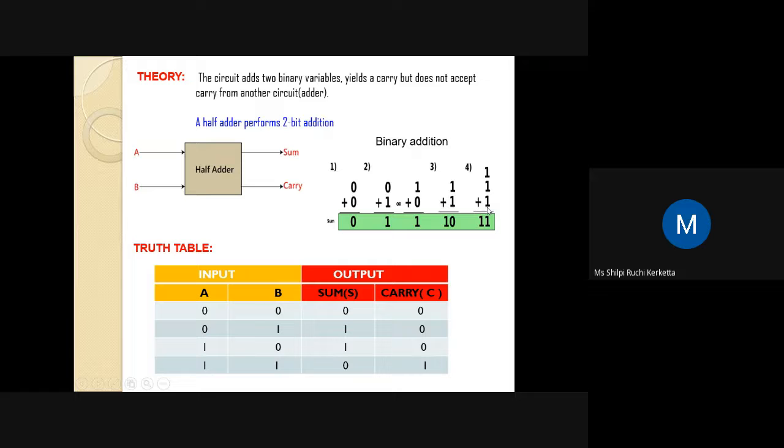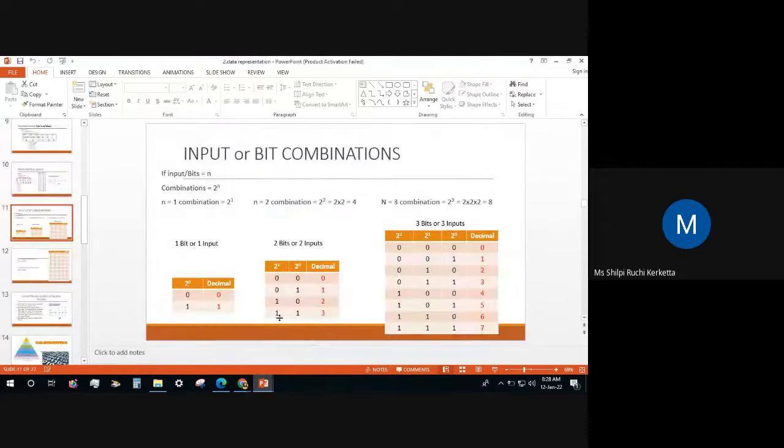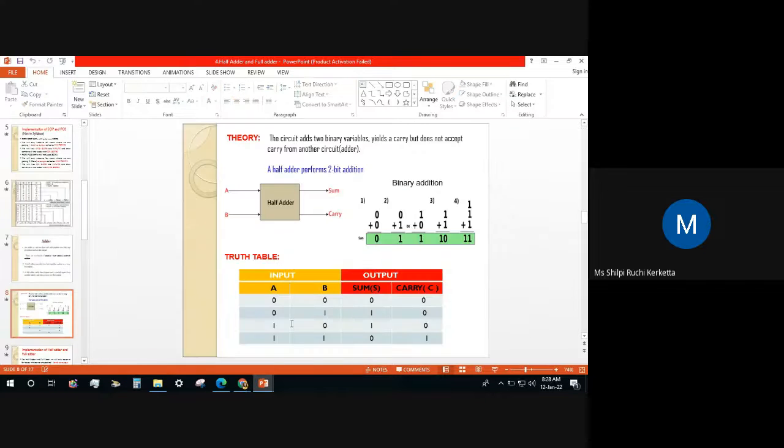So what we will do? We will do 2 to the power 0 and 2 to the power 1. Okay. So we will get 2 plus 1. So that is becoming a 3. Here if I show you this one, so 1 1, what it is? It is 3. So that's why if we add 1 plus 1 plus 1, so we are getting a 3. Any doubt in this?